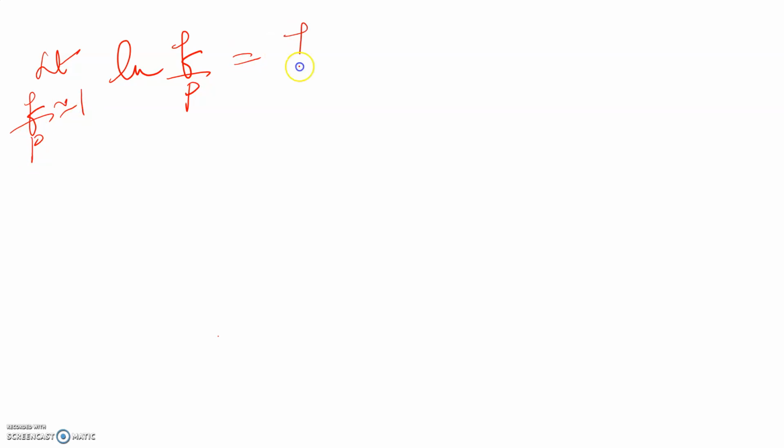Similarly, we can write ln f by p, limiting f by p tends to 1, is equal to f by p minus 1. Using that mathematical equation, when f by p tends to unity, ln f by p is equal to f by p minus 1. Using that equation, we can write f by p minus 1 is equal to minus alpha p by RT.